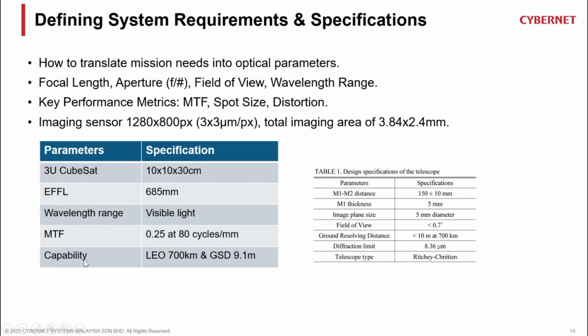And the last one will be the capability of the design in LEO under 700 km, and the GSD is about 9.1 meters. All here on the right will be the parameters we will key in inside Zemax OpticStudio. This telescope type will be the Ritchey-Chrétien.